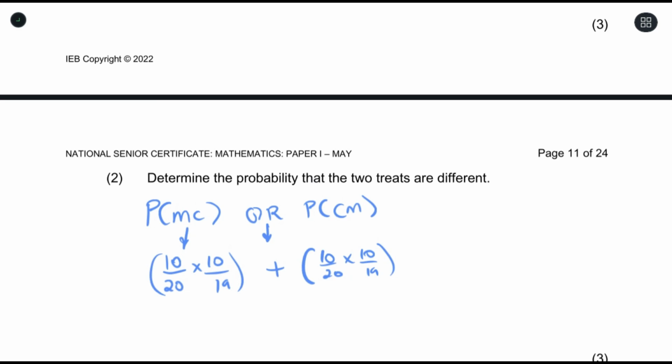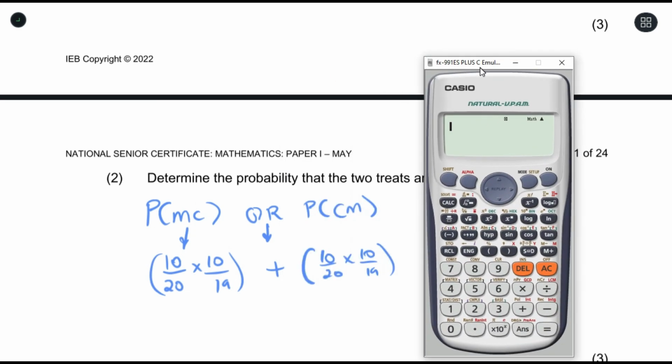So let's put this in the calculator real quick. Okay, so the answer is 10 over 19, right?